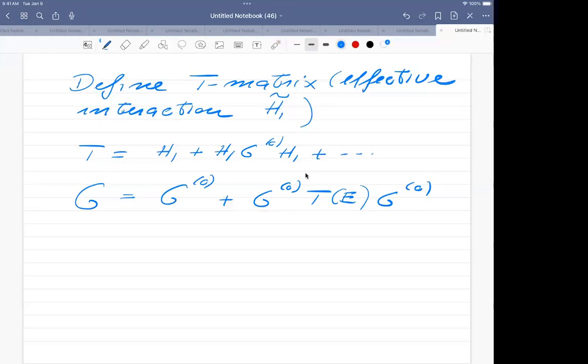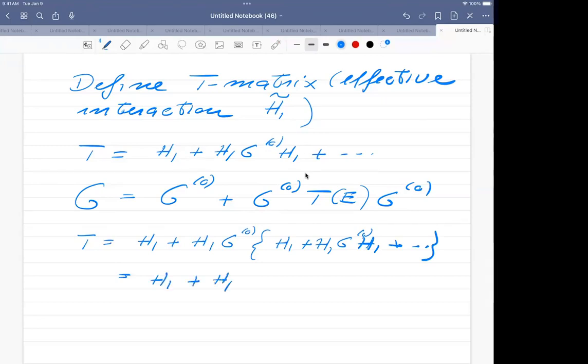It's not that exciting, but we could actually rewrite this T matrix as an H of I plus an H of I multiplied with G0, and then I have an H of I plus H of I times G0 plus H of I, and then times multiplied with H of I plus... And this is nothing but the term which is H of I plus H of I times this G0 multiplied with the T matrix.